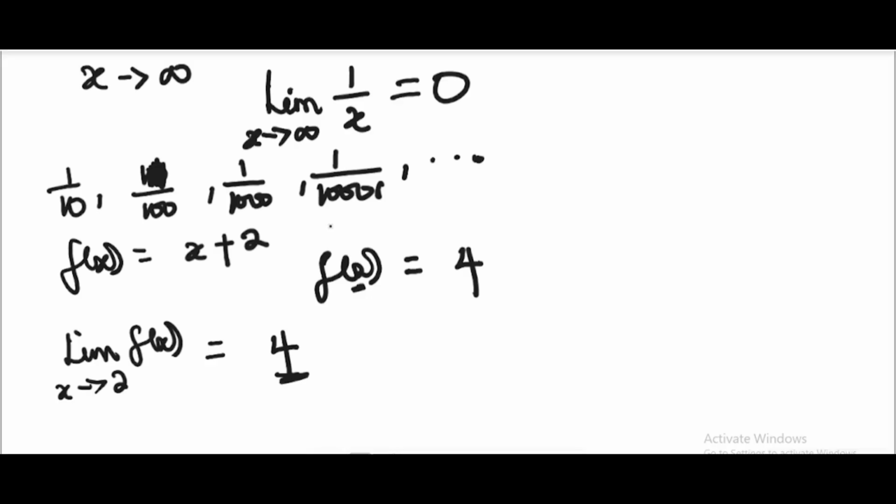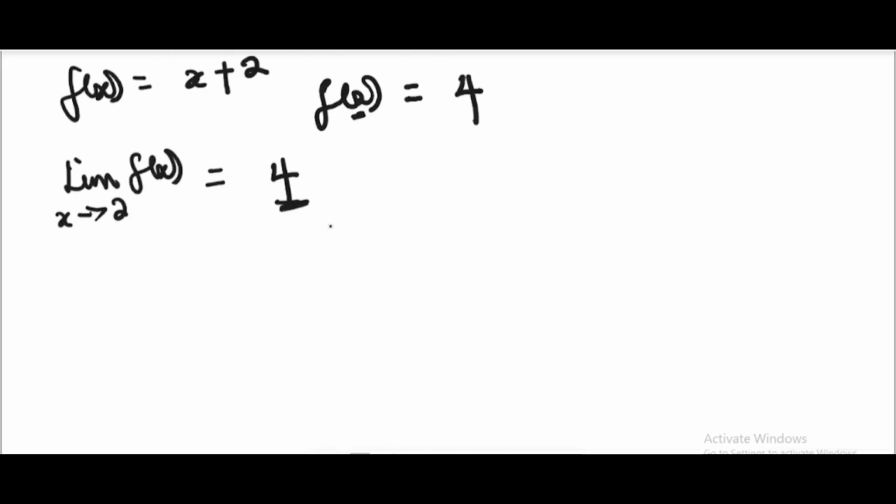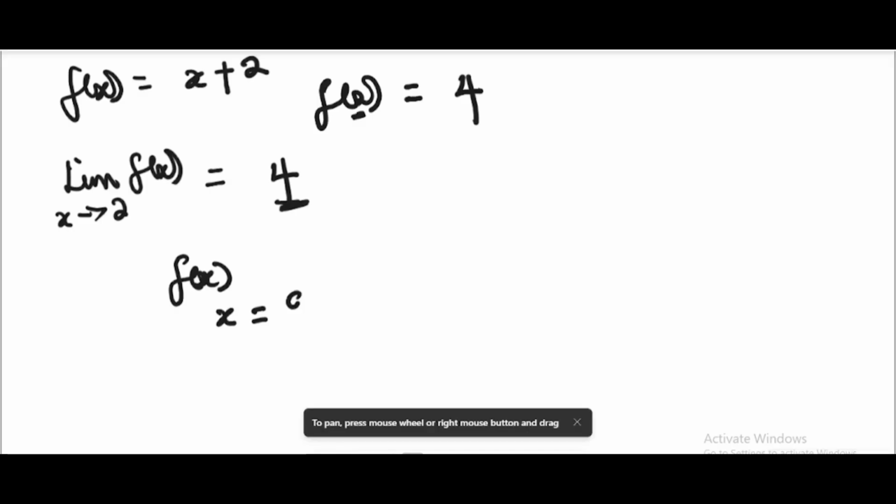So now finally, a function f of x, when is it said to be continuous? And that will lead us to our next lesson, which is differentiation by first principle. Now a function f of x is said to be continuous at x equals a if, take note of the following.